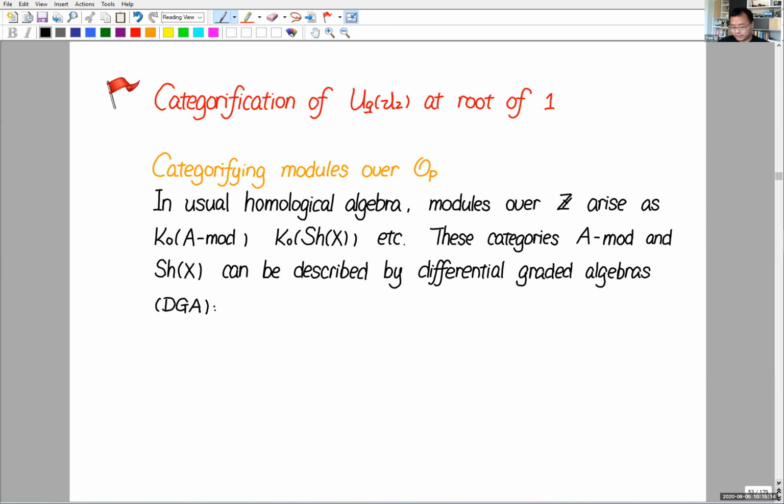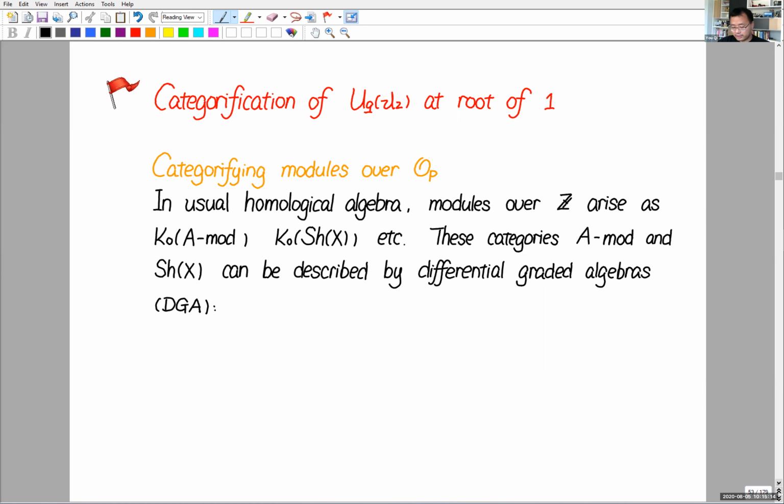And these categories can usually be described, when you take certain nice generators of these categories, by the endomorphism algebra of their generators. But these endomorphism algebras of these generators are usually given by differential graded algebras, or their close relatives, A-infinity algebras.